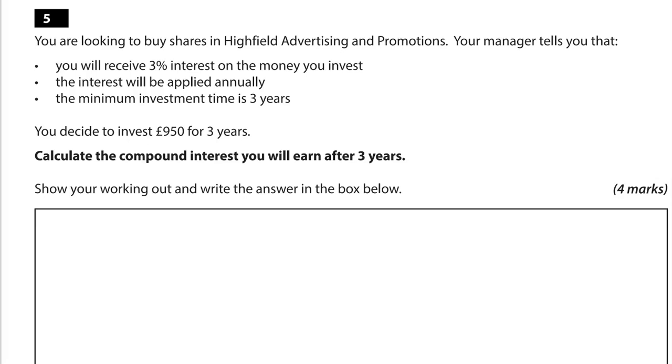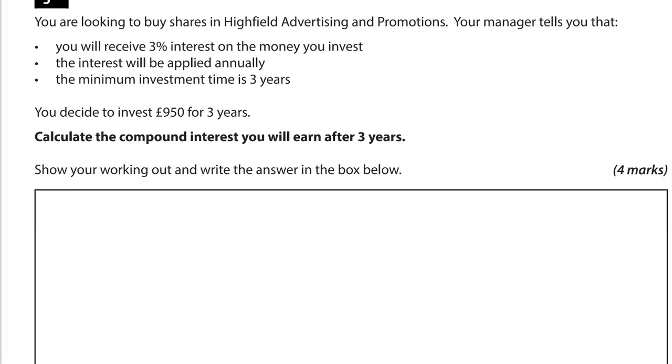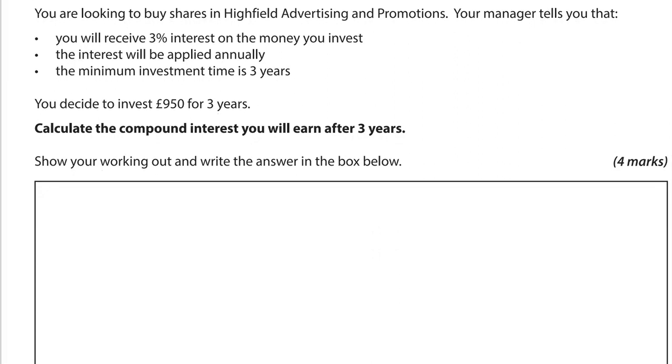Calculate the compound interest you'll earn after 3 years. Show your working out and write the answer in the box below. As we can't use a calculator, we'll break it down and work out interest after each year.